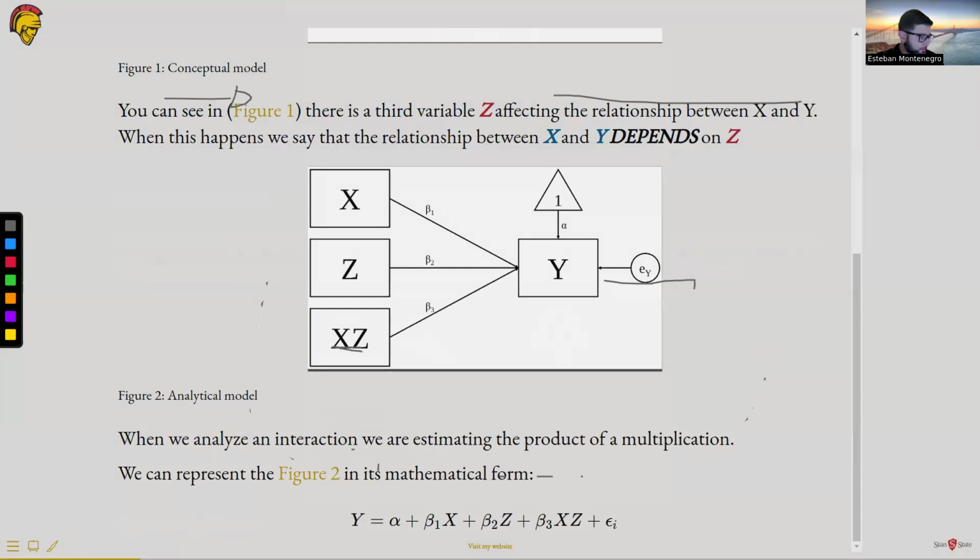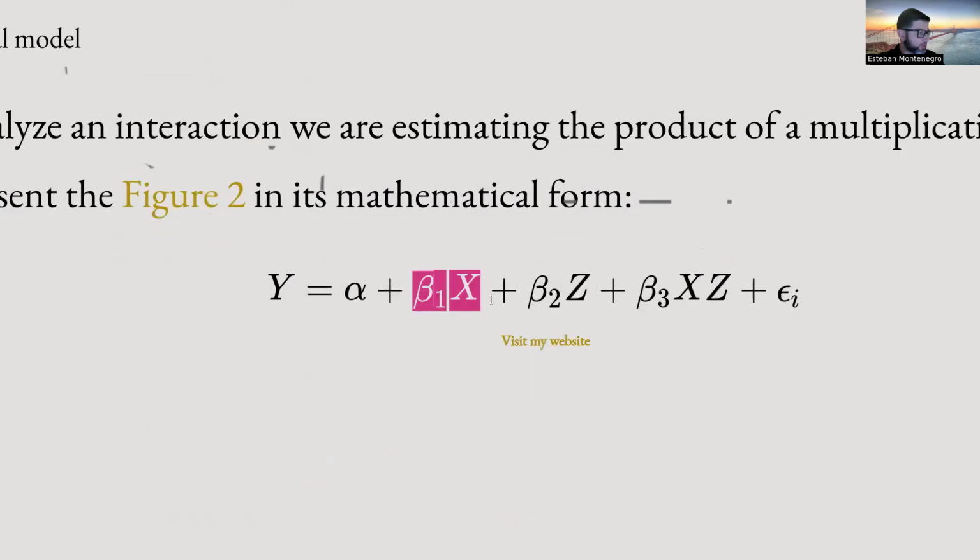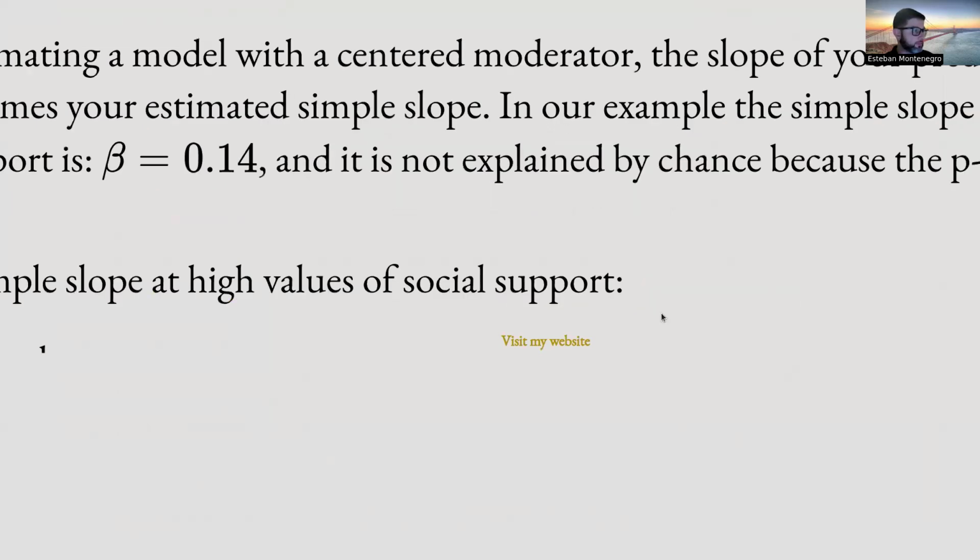It will look like this. So we have one term right here for X, another term for Z. That means that we are going to have a slope for our predictor, one slope for the moderator, and one slope that is the result of the multiplication of our predictor by our moderator. So X by Z, right?